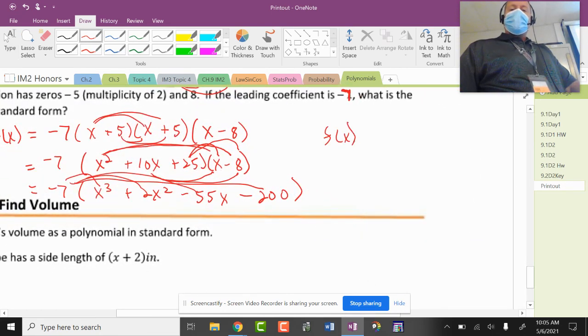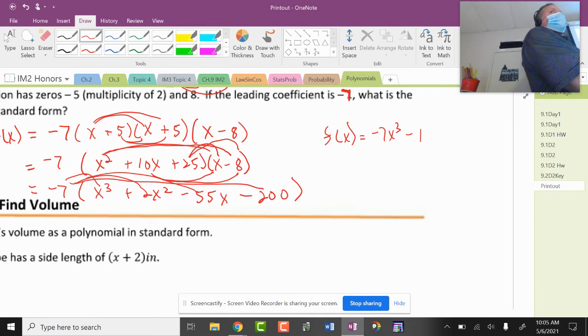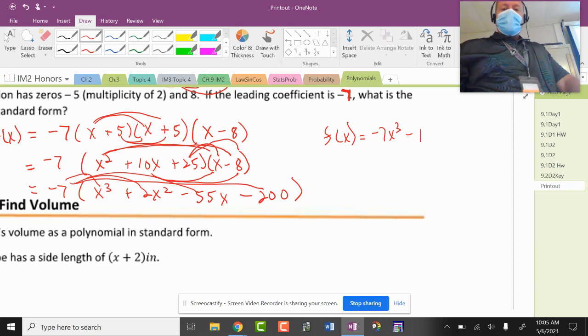f of x equals -7x cubed. And then remember when I was talking about graphs, if we put that multiplier out in front, all it does is stretch or shrink the graph, but it keeps the zeros where they're at, or it flips it. In this case, it would flip and stretch. So do understand that. So -14x squared.